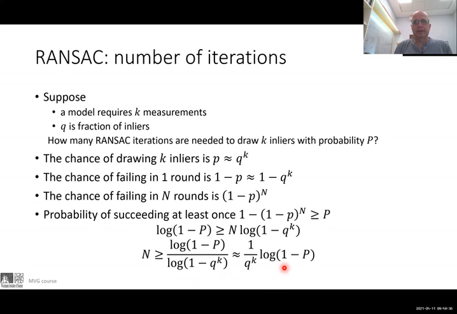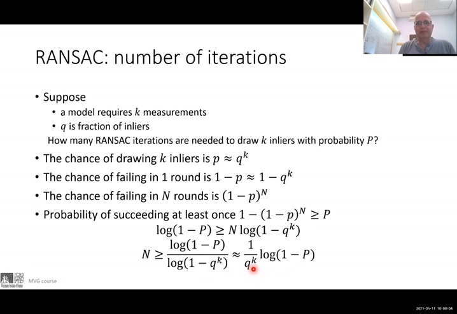Remember, q is a probability, so it's a number between 0 and 1.